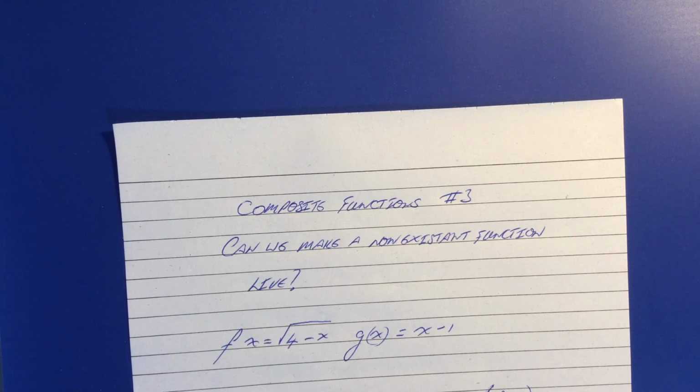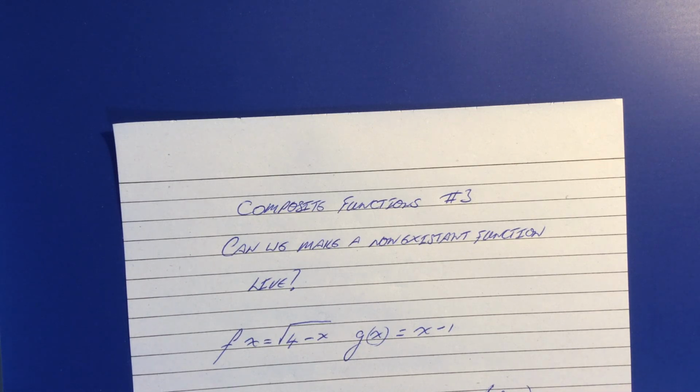So in the first video we looked at how composite functions are constituted, the order of functions and the terminology surrounding them. In the second one we considered whether, as a result of combining functions into composite functions, certain functions could exist, and there are rules surrounding those.